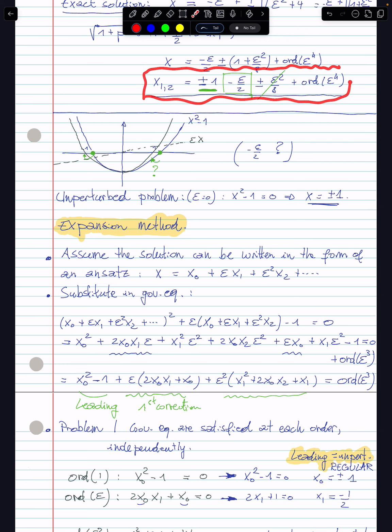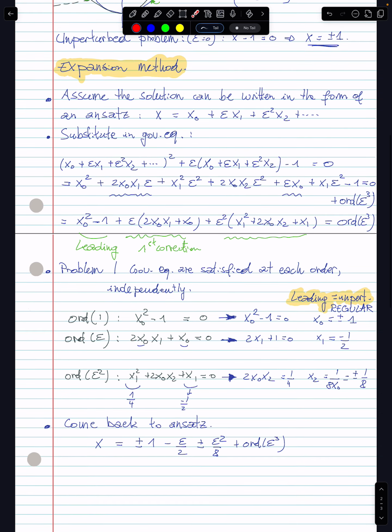Look at this. We had plus or minus 1 minus epsilon over 2 plus or minus epsilon squared over 8 plus epsilon to the 4. And we have exactly the same over here.